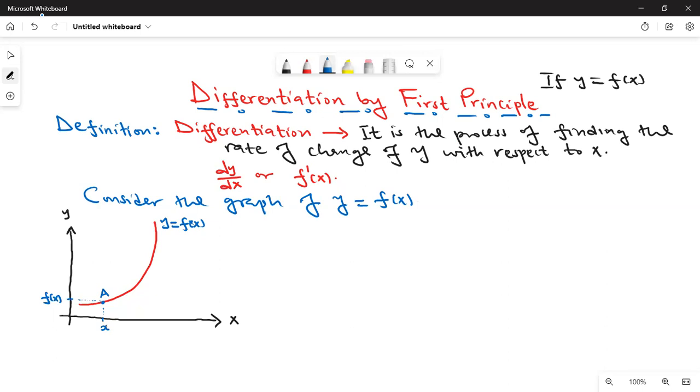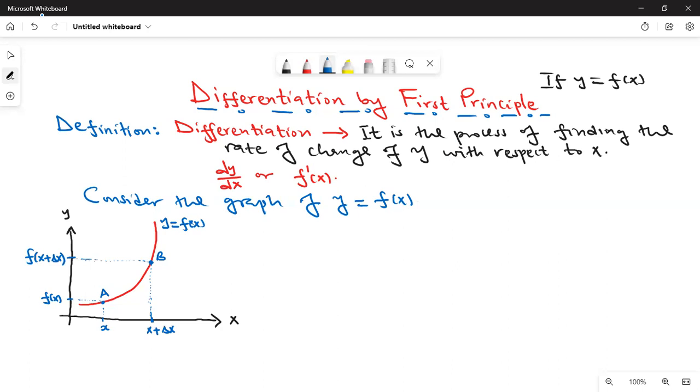I also need another point, let us call it point B. And the coordinate on the x-axis, let it be x plus the change in x. And the corresponding coordinate on the y-axis, let it be f of x plus change in x.